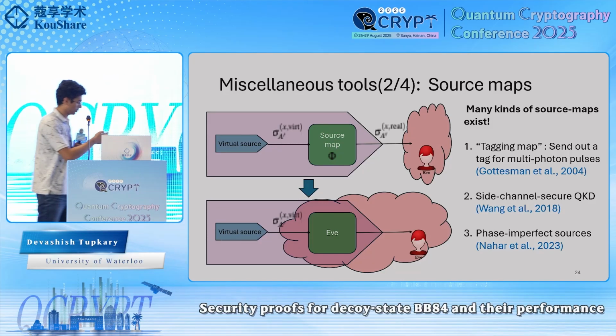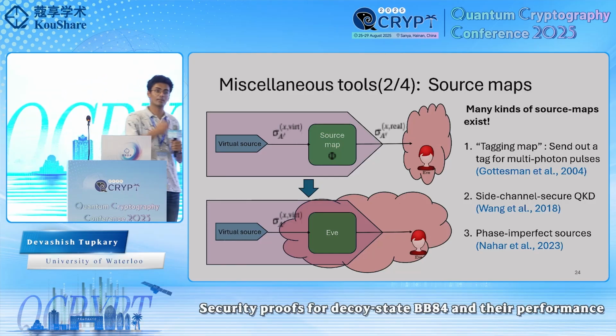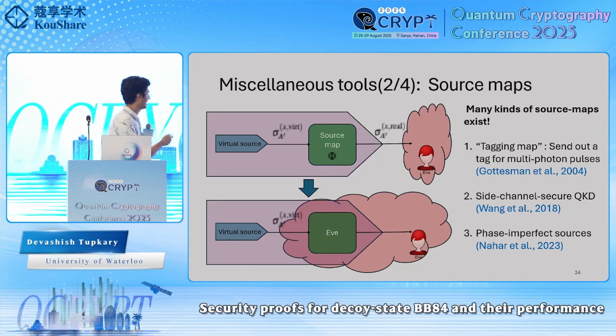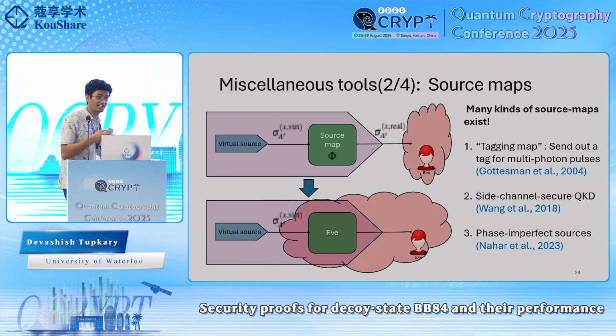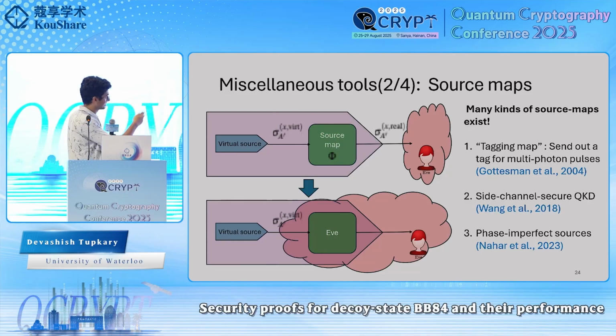That allows us to not think of an infinite dimensional source, but instead think of a finite dimensional source, because higher photon numbers are cut off by a classical flag. Some imperfections can also be handled by, in some sense, putting them into the source map and then simply looking at the virtual source.